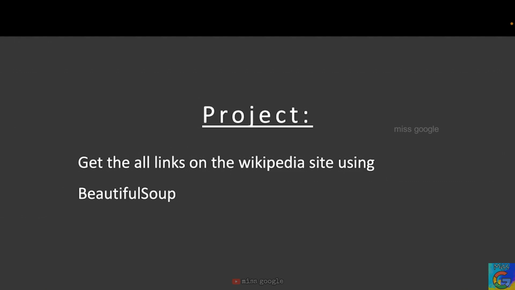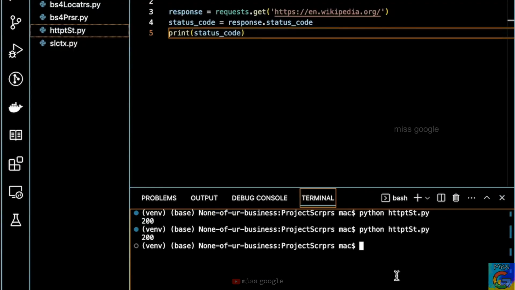Now we won't let it be completely recursive since we do not want to overload the Wikipedia servers, as that would break the rules of the robots.txt file and be unfair to them. So the first thing, as usual, is to create the module.